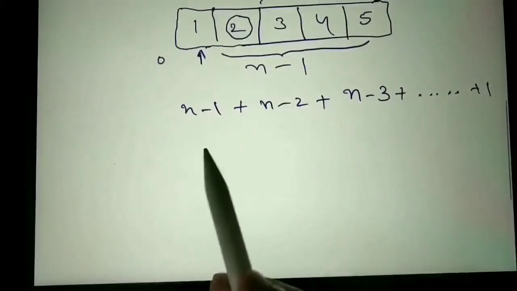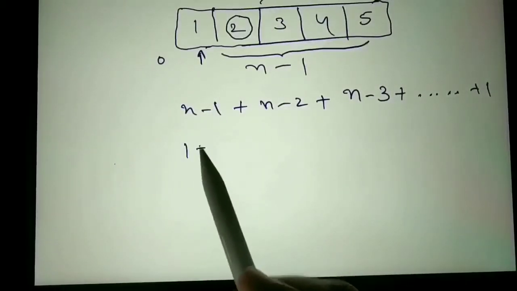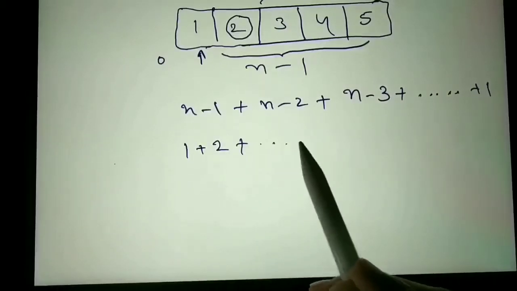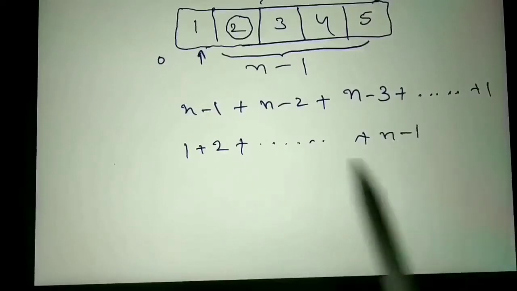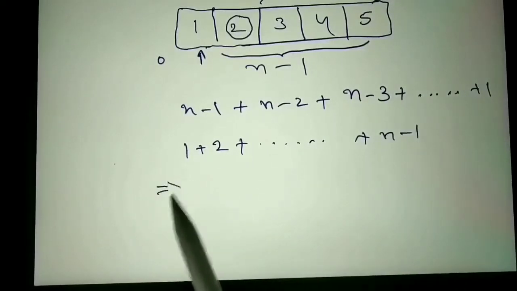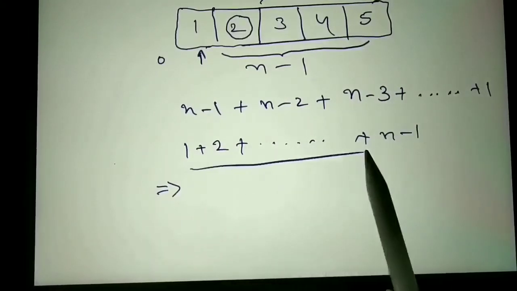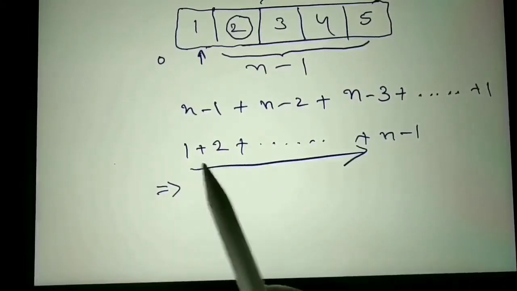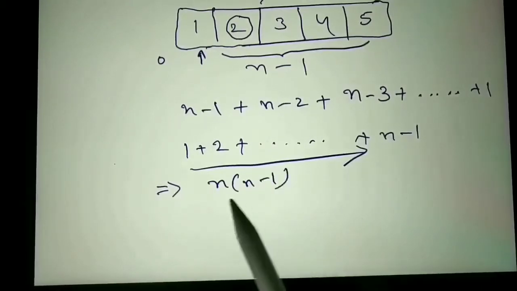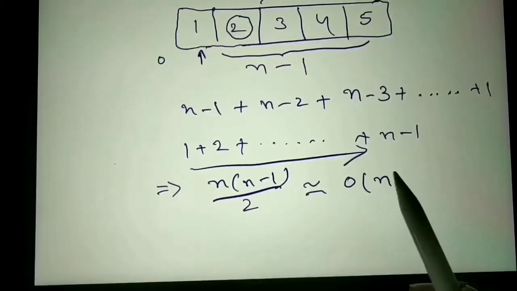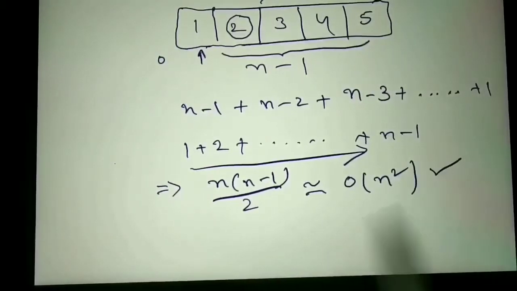We can also write it this way: 1 plus 2 plus and so on, up to n minus 1, because I am writing from right to left. This is nothing but the sum of n minus 1 numbers, that is n into n minus 1 by 2. This is nothing but order of n square time complexity. So this is the worst case time complexity.